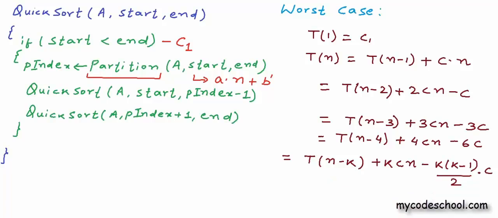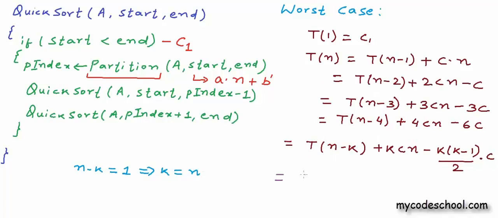Now if I want to write T(n) in terms of T(1) that I know, then in that case n minus k will be equal to 1, and that will imply k will be equal to n. This expression will now be T(1) plus, with k now n, cn square minus n into (n-1) upon 2 into c.